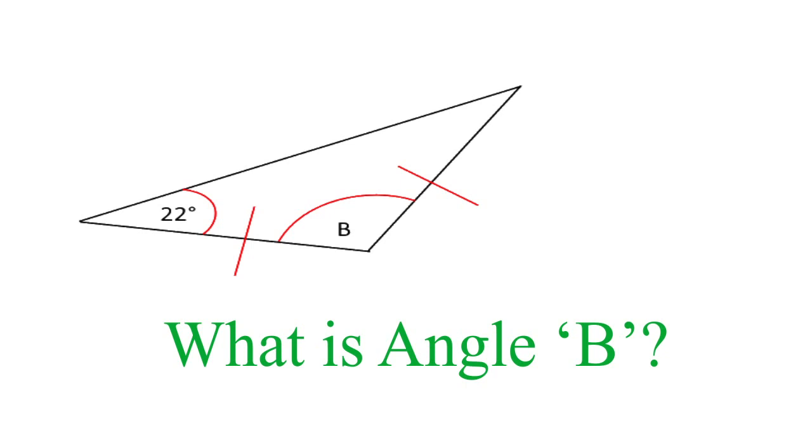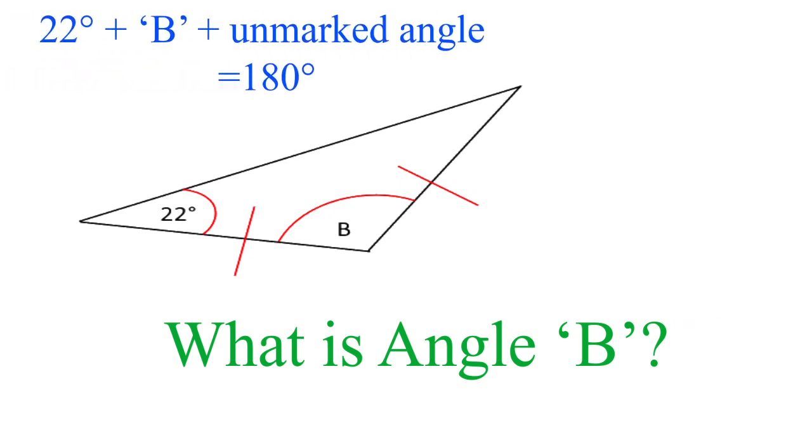We could write this particular triangle down as 22 plus B plus the unmarked angle equals 180 degrees. But look at this triangle. It's got 2 red strokes on 2 sides, which means it's an isosceles triangle, which means that 2 of the angles are going to be exactly the same in this triangle.